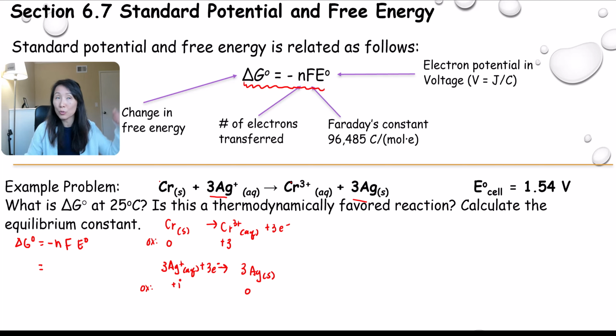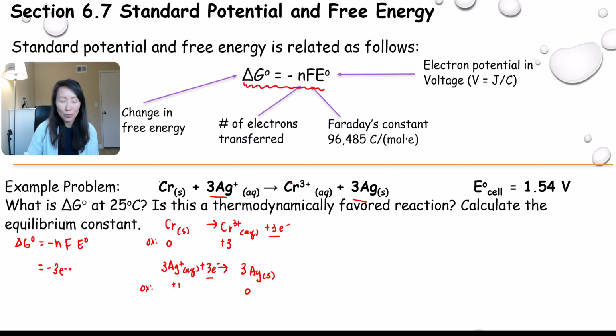That means there are 3 positives to get to 0, and therefore you need 3 negatives, which is the 3 electrons. Having this 3 and 3 lets us know that we're dealing with 3 electrons moving to solve for the free energy. So we're going to write minus 3 electrons.